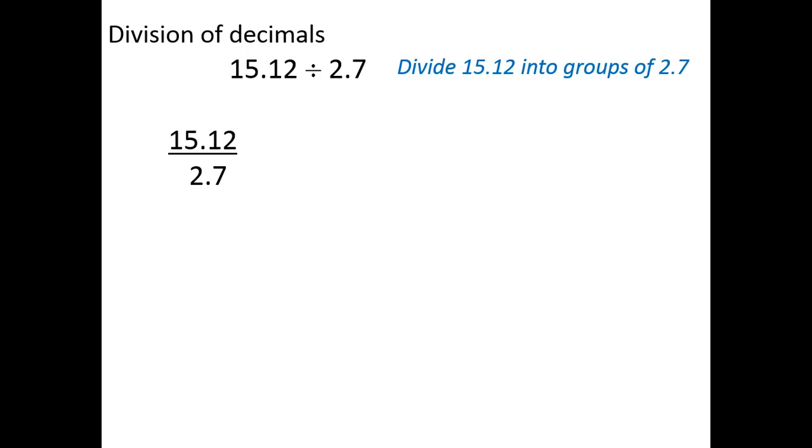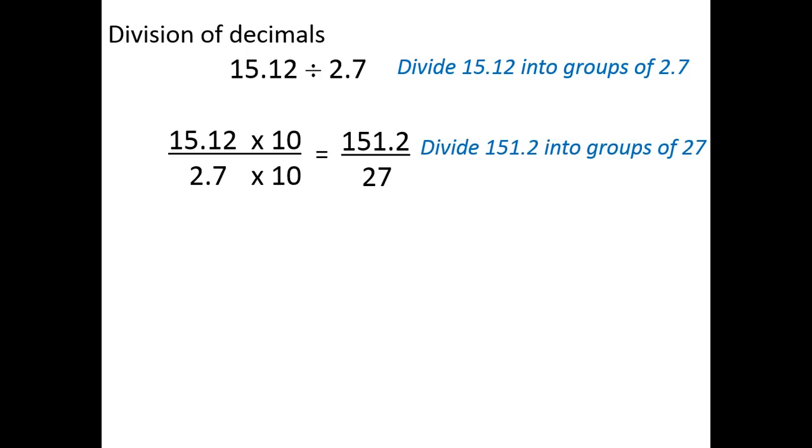It's hard to imagine what a group that contains 2 and 7/10ths is going to look like. But if I multiply numerator and denominator of this fraction by 10, I've got an equivalent fraction that says take 151 and 2/10ths and divide it into groups that each contain 27. Now that's an easier thing to imagine, dividing into groups that each contain 27.